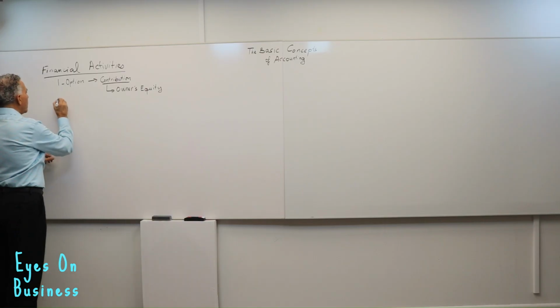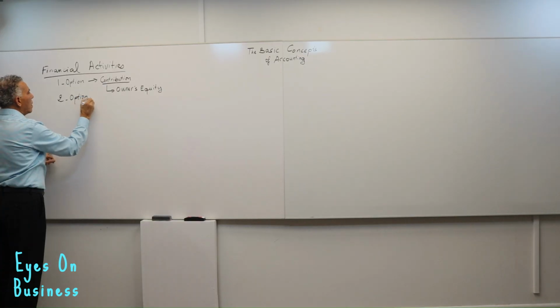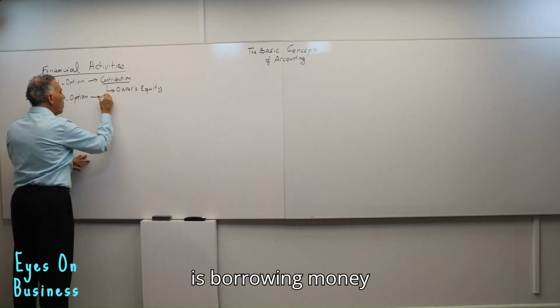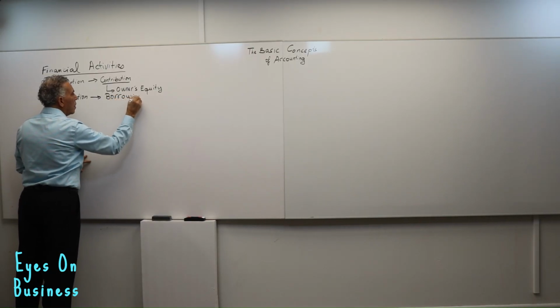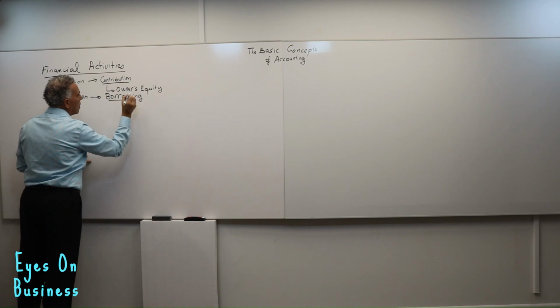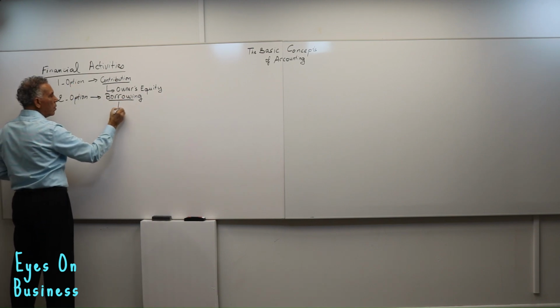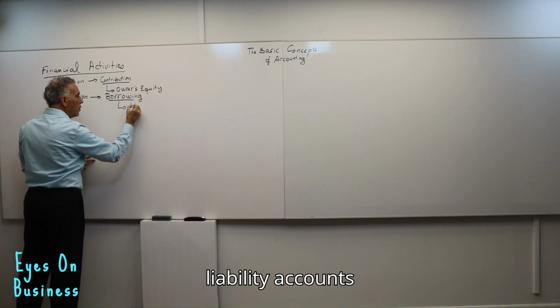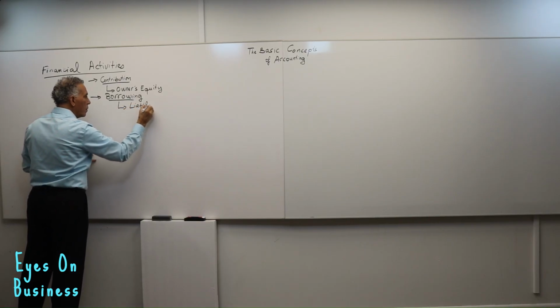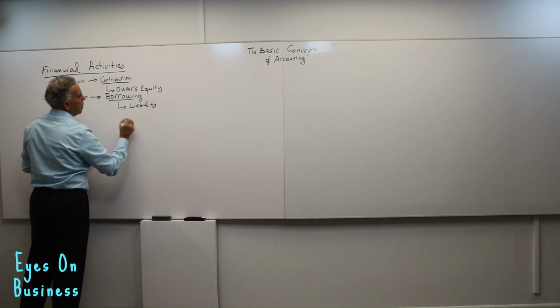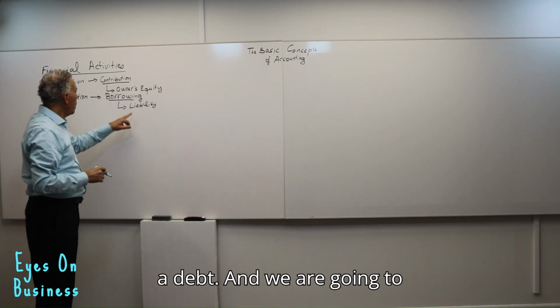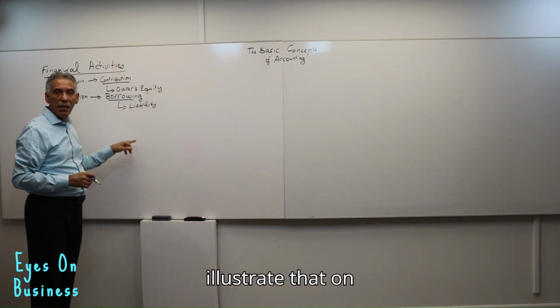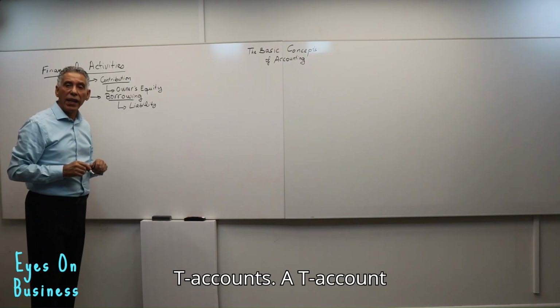So the second option is borrowing money. That goes to liability accounts. It's a debt. And we are going to illustrate that on T accounts.